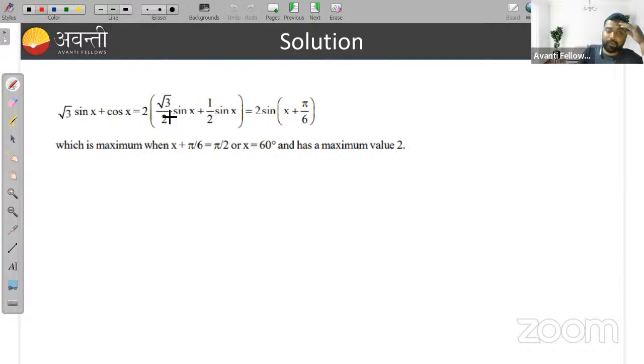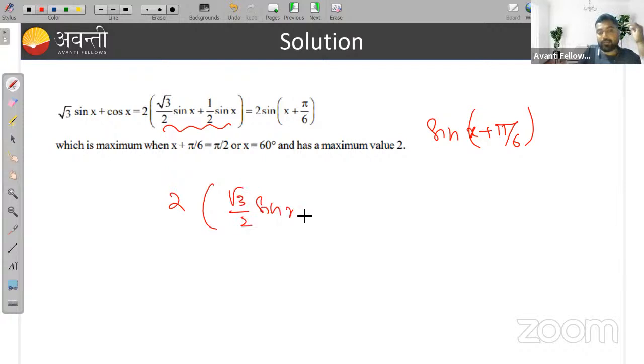This will be 2 into root 3 by 2 into sin x plus 1 by 2 into cos x. So it is actually sin of x plus pi by 6, because root 3 by 2 is the value of what? It is cos of pi by 6.